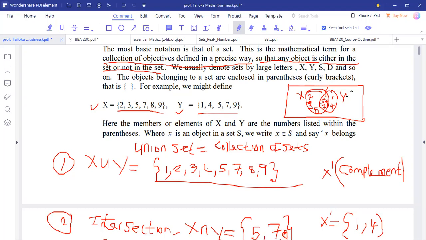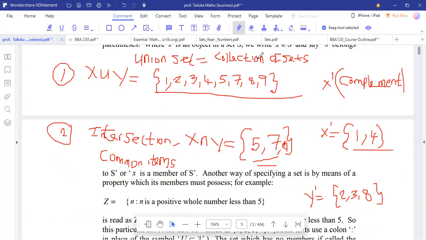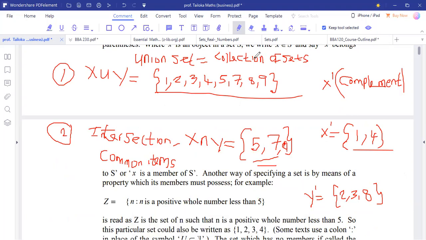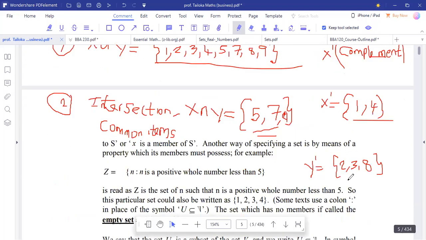So when we say x complement, meaning what is not found in x, in this symbol here, what is not found in x is 1 and 4, the ones we found here. Similarly, y complement simply means what is not found in y, which means 2, 3, and 8. This is about the y complement.